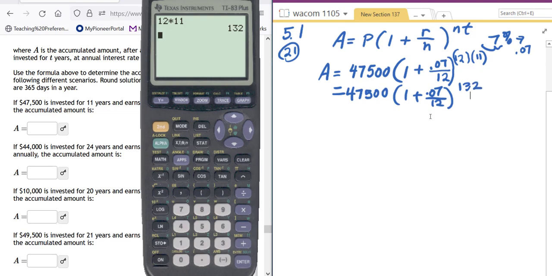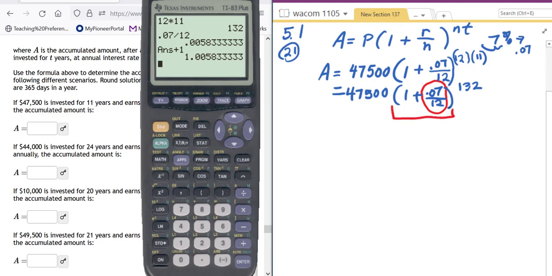So I would do this fraction piece first. 0.07 divided by 12. I would go ahead and add the 1 in the parentheses. That takes care of your whole parentheses.